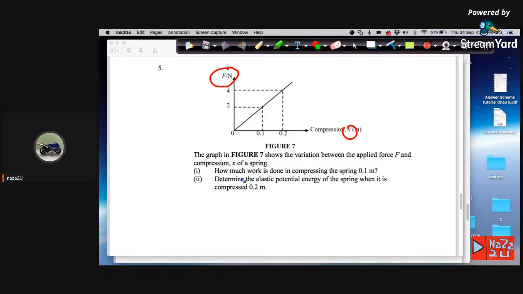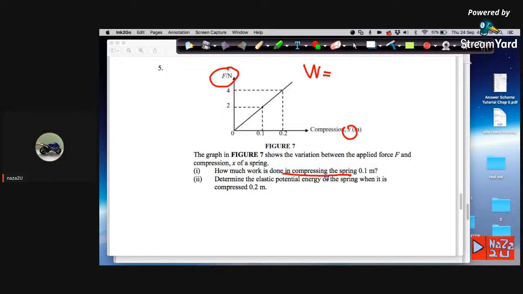This is a spring system. How much work is done in compressing the spring? So meaning here, work done for the compression, what is the work done for the system here, because we have the graph F versus X.